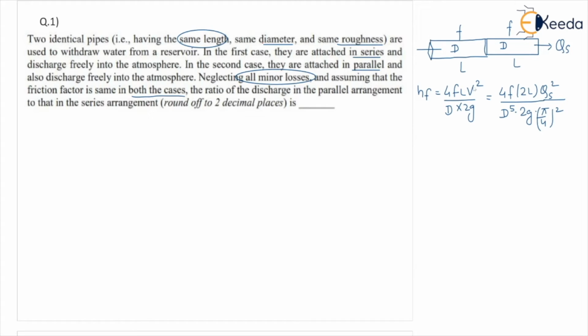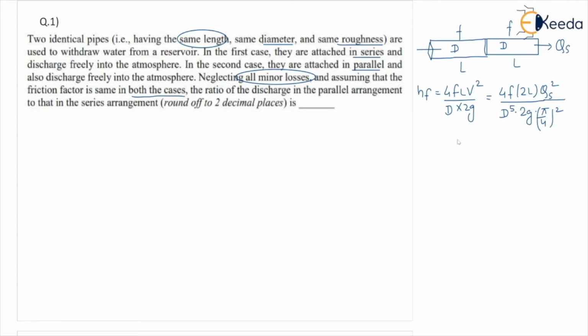Okay, so how am I writing this step? 4F, and adding these two pipes is 2L, and velocity is discharge by area. So discharge is QS, area is pi by 4 D square, right? So pi by 4 whole square, and D square becomes D to the power 4, and 1 D is already there. So D to the power 5 into 2G.